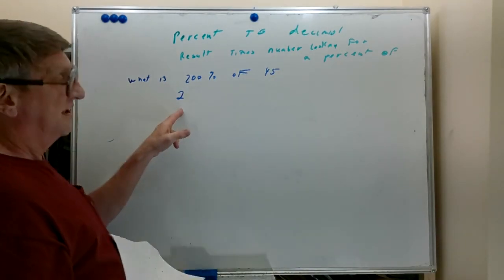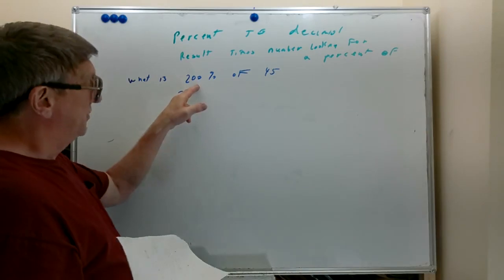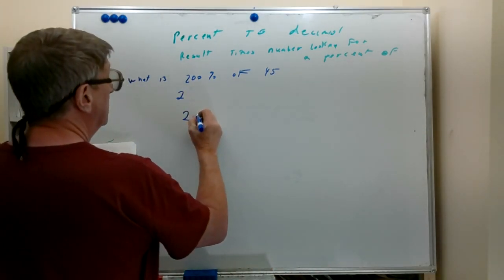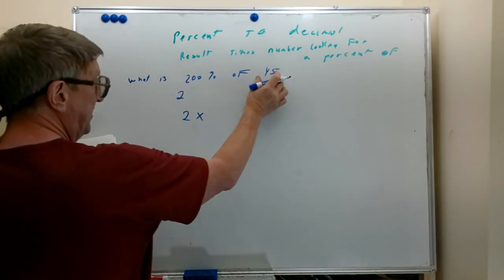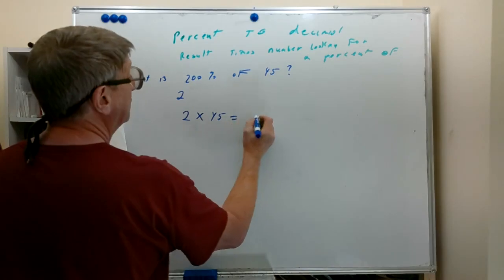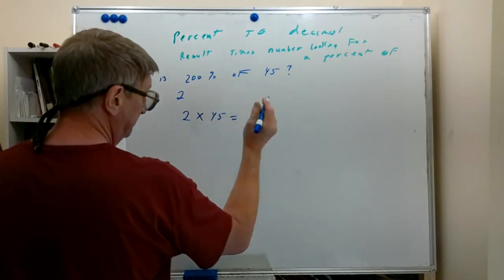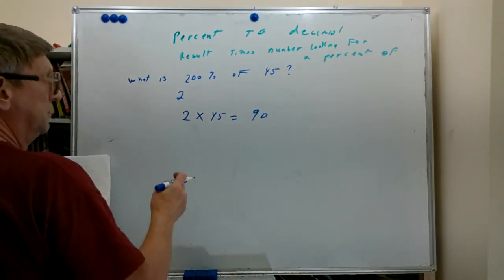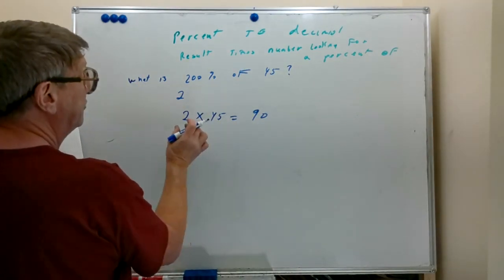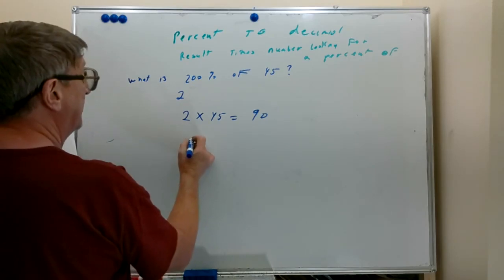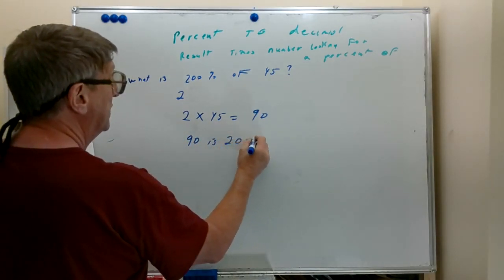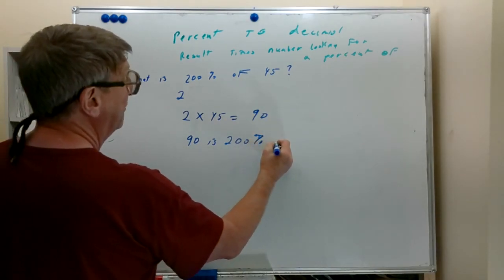So 2 is the decimal equivalent of 200%. Now we want to do the multiplication. 2 times what we're finding the percent of, 45, equals 90. So 90 is 200% of 45. We'll write that as our answer.